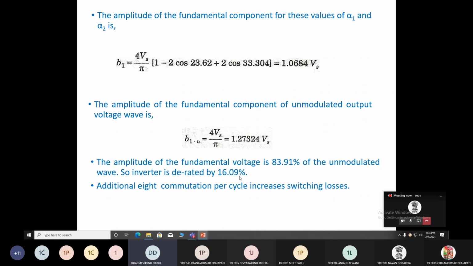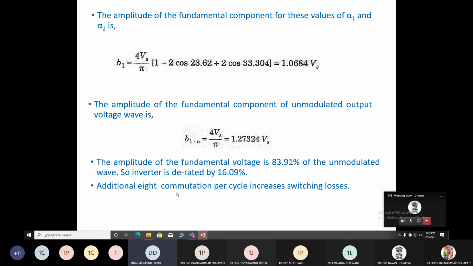Derated means your inverter is not operated at its full capacity. Out of a 100 watt capacity, it only operates at 83.9% capacity. So we can say it's derated by 16.09%: 100 minus 83.91 means your inverter is derated by 16.09% using this technique.